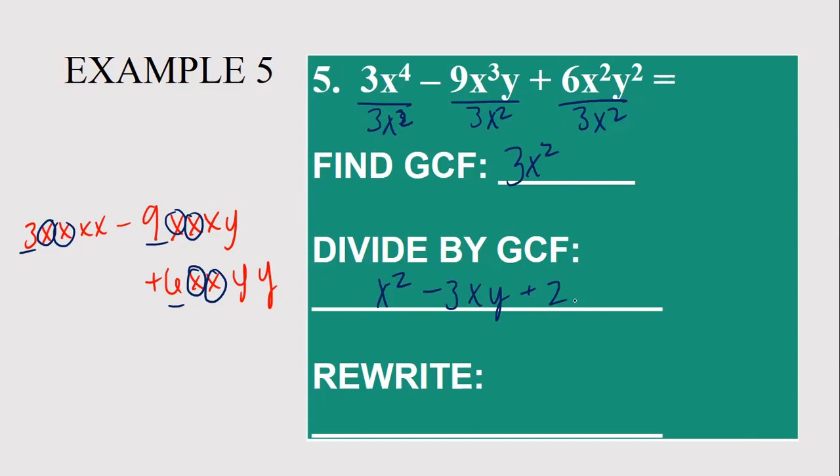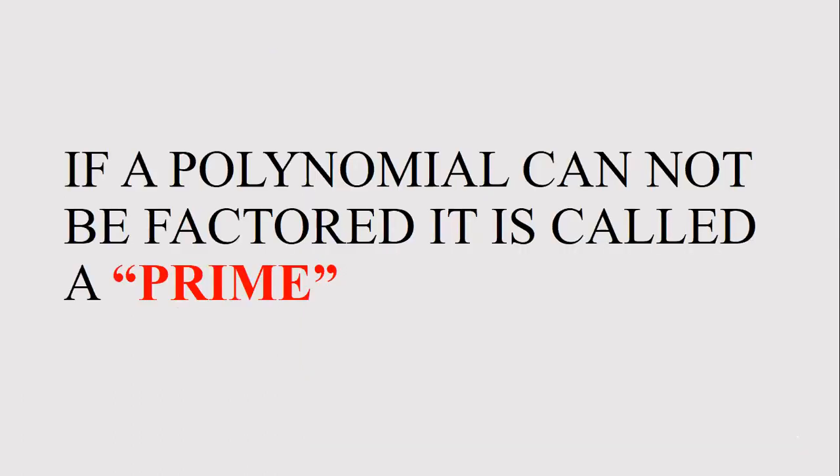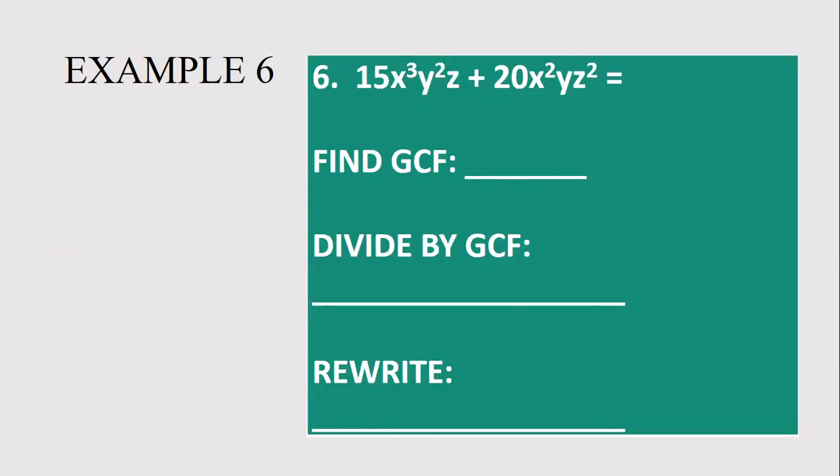The Casper goes away. And y squared had no friend. So my factored form is 3x squared times the quantity x squared minus 3xy plus 2y squared. All right, if you're a visual learner, sometimes breaking it down helps. I'm going to leave you to do number 6 as a challenge. Check yourself, check with a peer, and let me know how it goes.